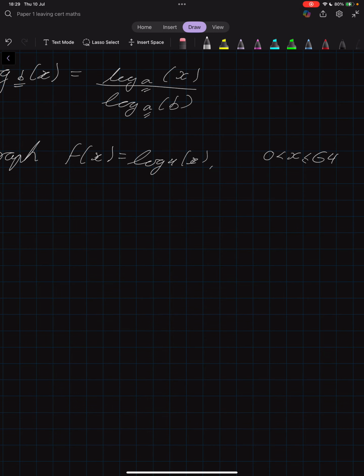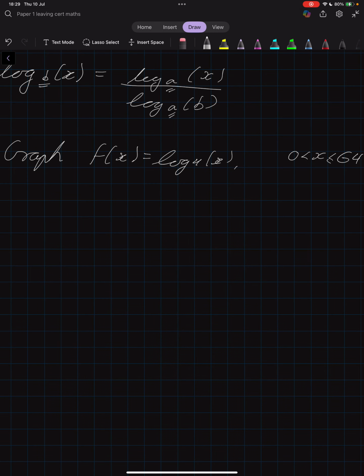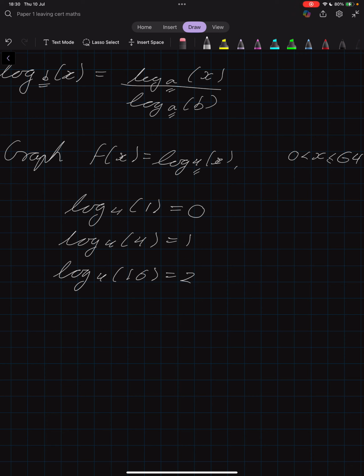So the easiest way to do this is you basically just plug in powers of 4, because this is log to the base 4. Log to the base 4 of 1 is 0. Log to the base 4 of 4 is 1. Log to the base 4 of 16 is 2. And log to the base 4 of 64 is 3.